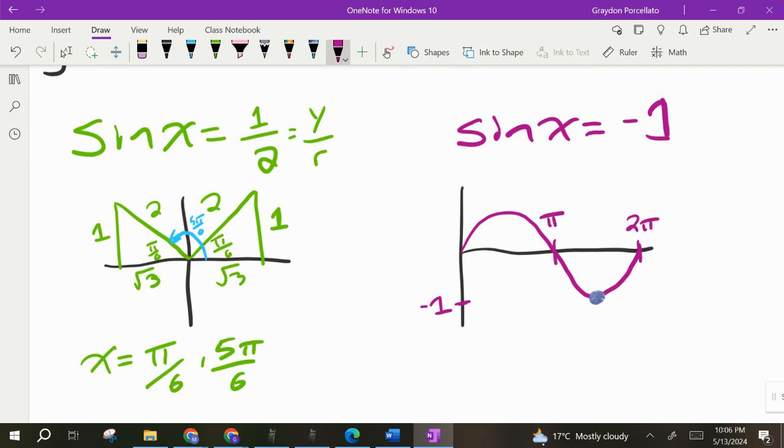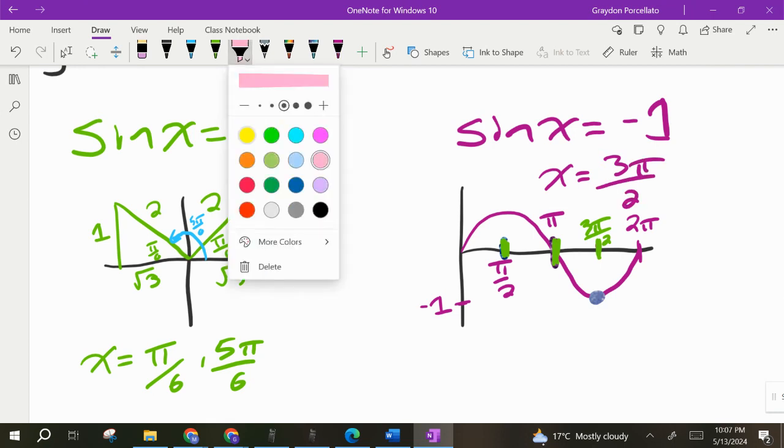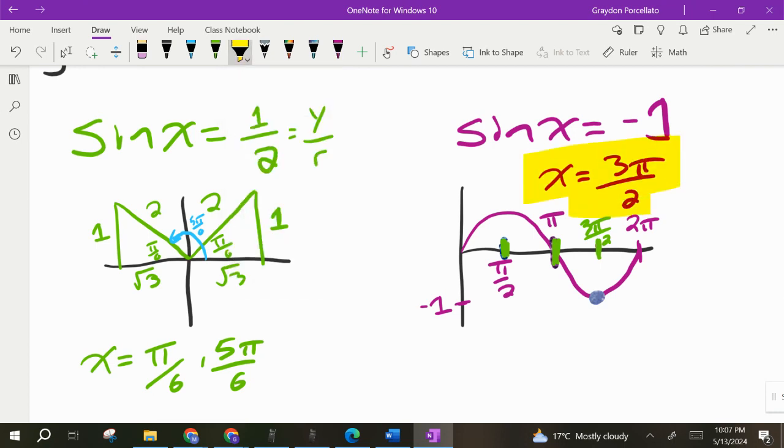This is pi. This is pi over 2. Hopefully we have this memorized, but if you're not sure, this is 1 pi over 2, 2 pi over 2, 3 pi over 2. So my solution here is x equals 3 pi over 2. And there you have your 3 solutions.